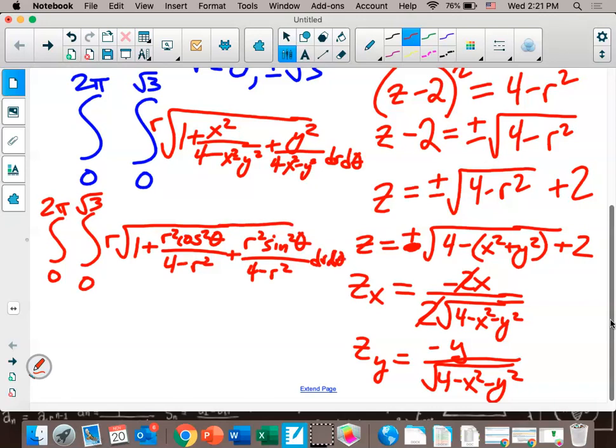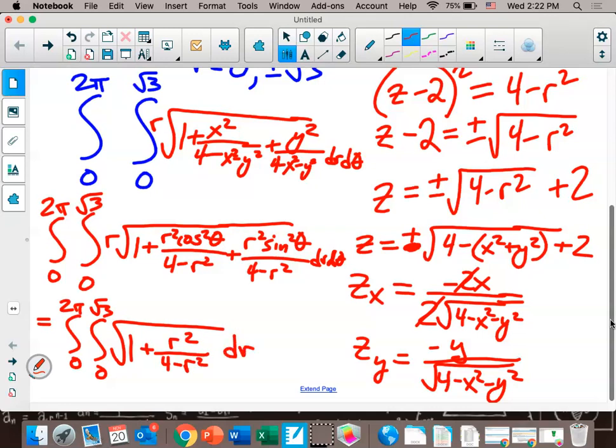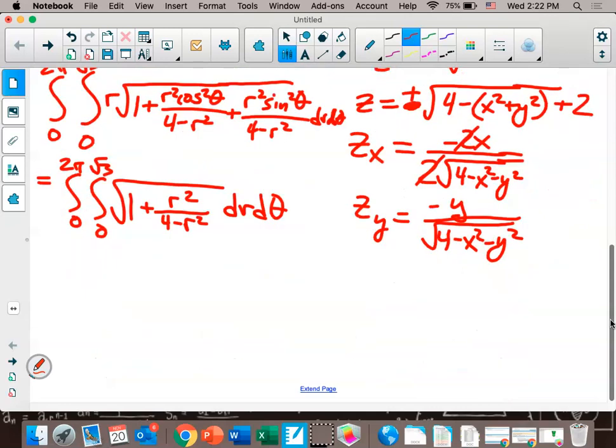Because you guys are mumbling over there as though I've messed up. All right. So if you pull out an r squared over 4 minus r squared, cosine squared plus sine squared is just 1. So you end up with the square root of 1 plus r squared over 4 minus r squared.